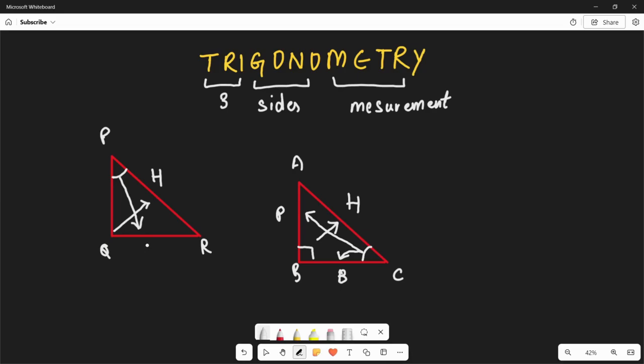So in this case, QR becomes the perpendicular while the adjacent side, that is PQ, becomes the base. So one major point which we learn from here is that the base is nothing but the adjacent side to the taken angle, while the perpendicular is nothing but the opposite side to the considered angle.